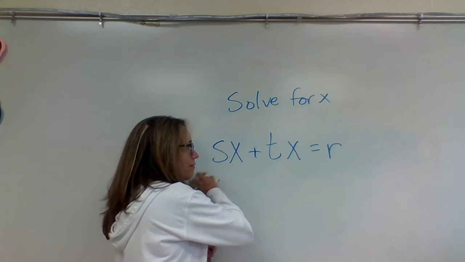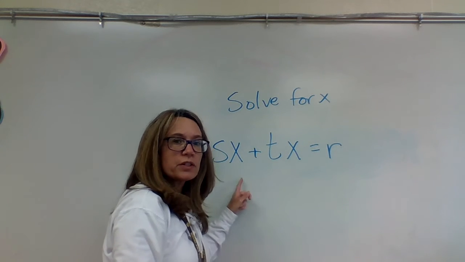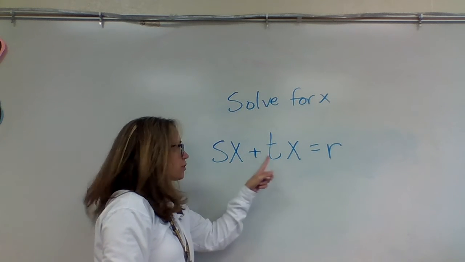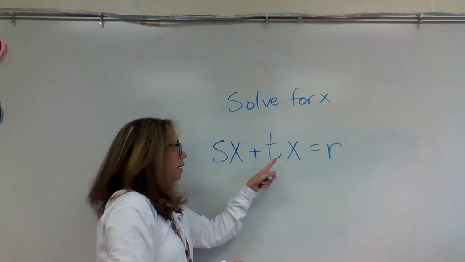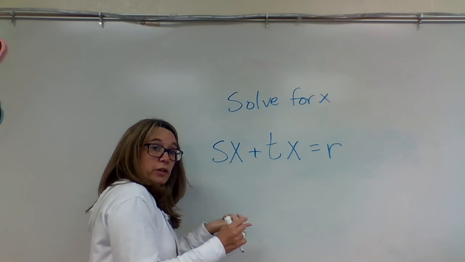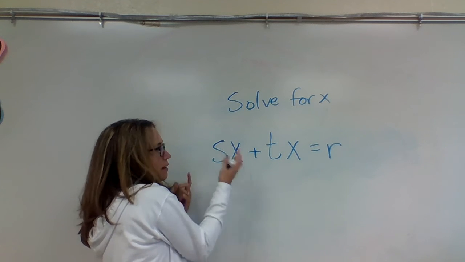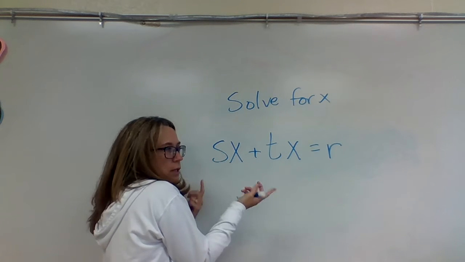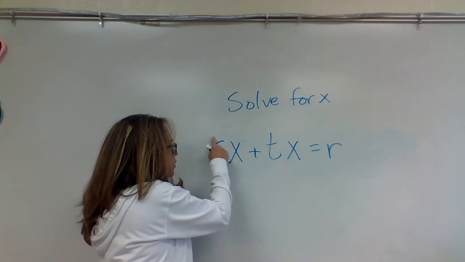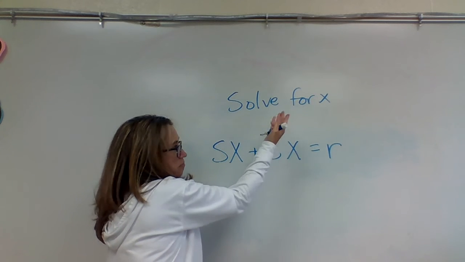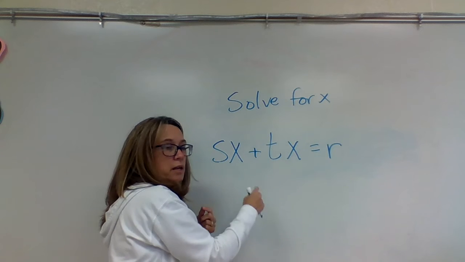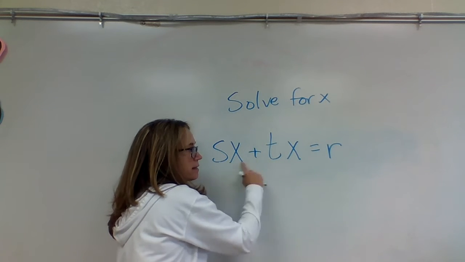Well, these are all variables, but they want you to get the x by itself, but it's attached to two different coefficients. But what you can do is this is kind of like the same thing that we did earlier, where you've got, let's pretend s is a 2 and x is a 3. Well, this is 2 times 3 plus, let's say, 7 times 3. So they're both sharing this number here.